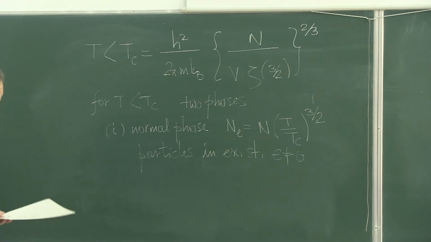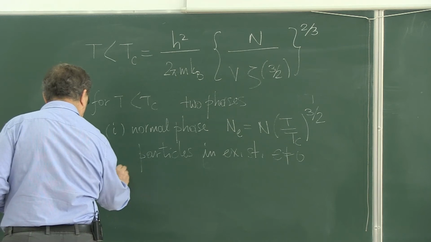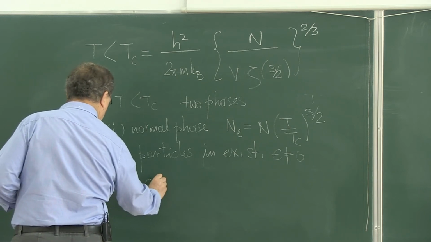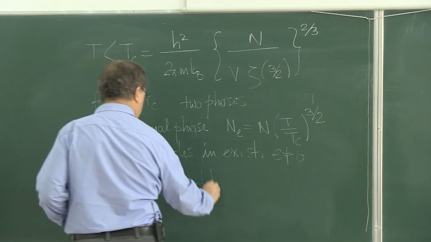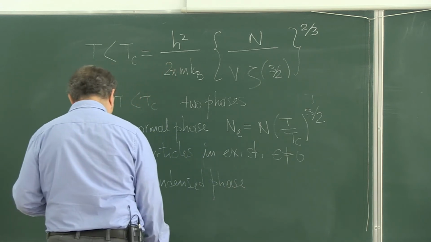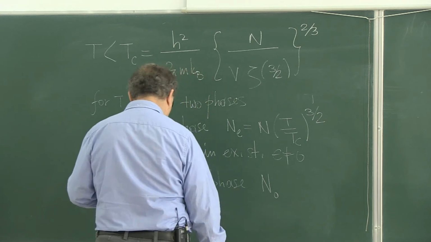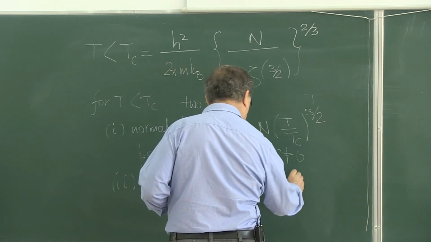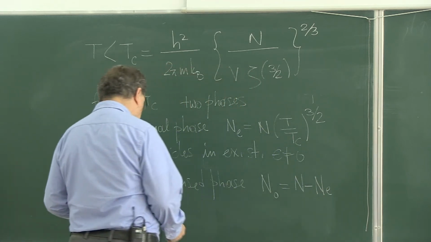The condensed phase is the second phase, the important phase, where it consists of N0 particles, which is the total number of particles minus the ones in the excited state.